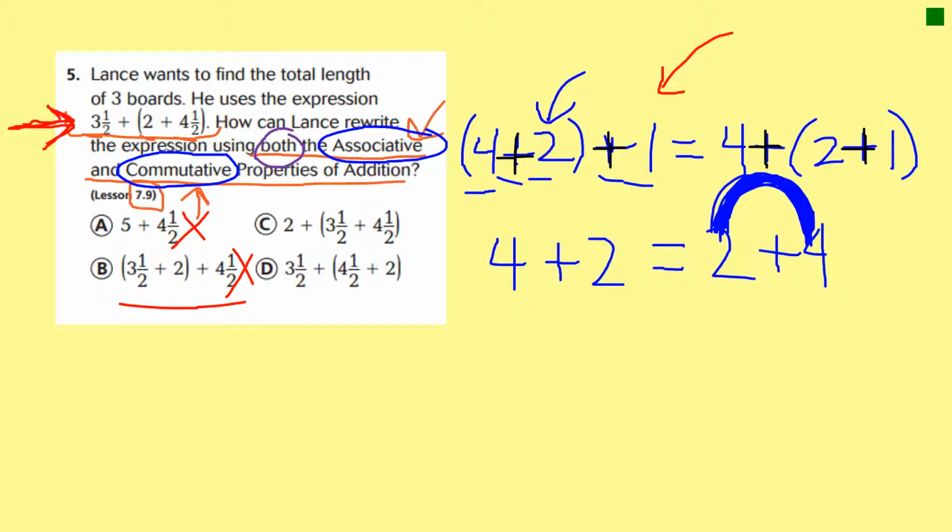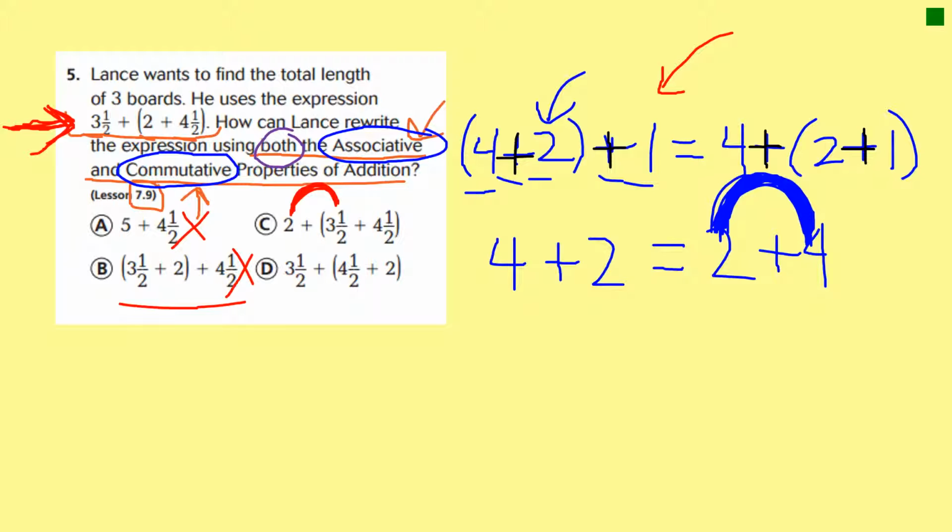Let's look at choice C. 2 plus 3.5 plus 4.5. All right, so let's look back at the original problem here. 3.5. Aha. Okay, so they flip-flopped, zoop, zoop, commutative, commutative. The 3.5 and the 2 have been flip-flopped, right?